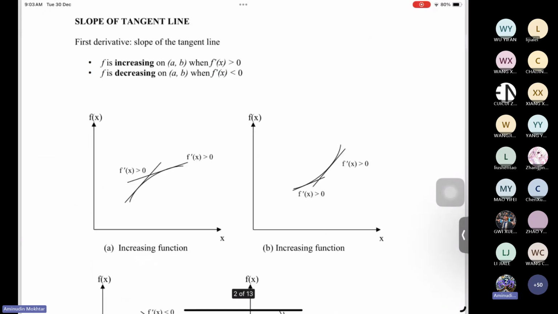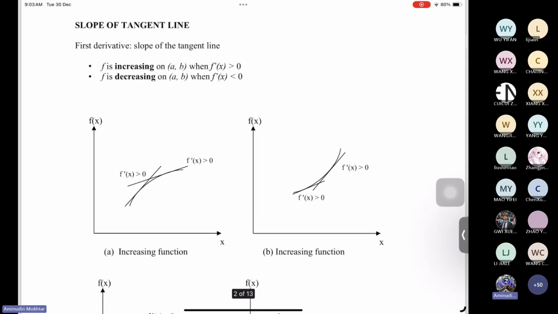Again, as I said earlier, the first derivative, or the first differentiation, is also equal to the slope of the tangent line.